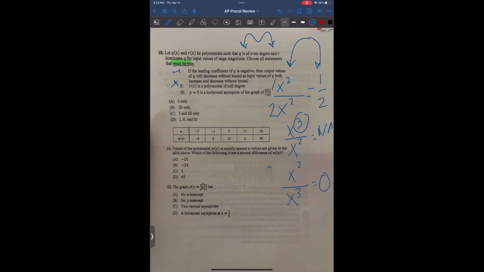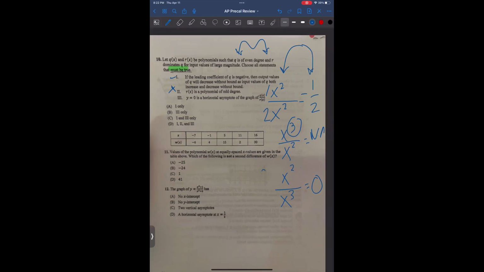You say yes, Violet? Because if R is going to dominate, we could assume that it will have a larger degree, and therefore, wait a minute, can't we not make that absolute because we don't know if it's going to be exactly 1 greater? You cannot make that assumption.